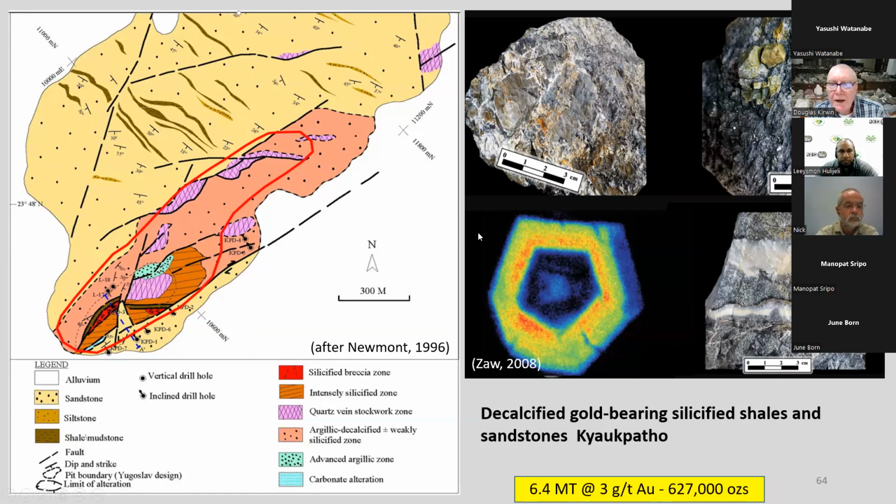There are some images there on the right that show what the mineralization looks like. And once again, the gold mineralization is distributed around the margins of fine-grained pyrite. Kalkpato has an estimated resource of around 6.4 million tonnes for an endowment of roughly 600,000 ounces.